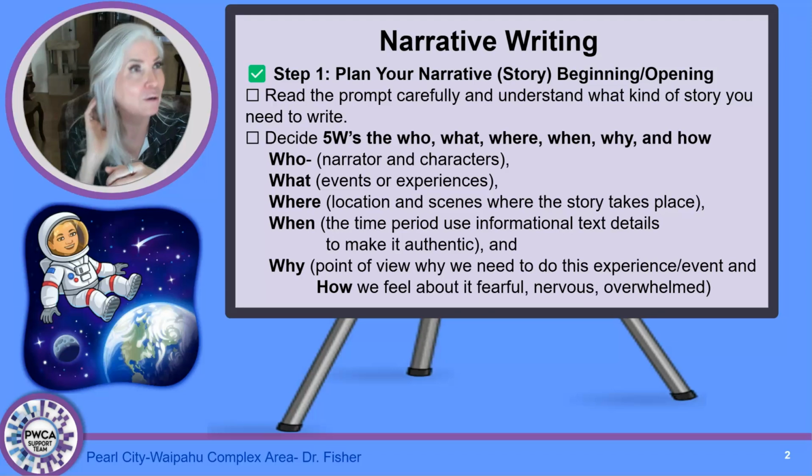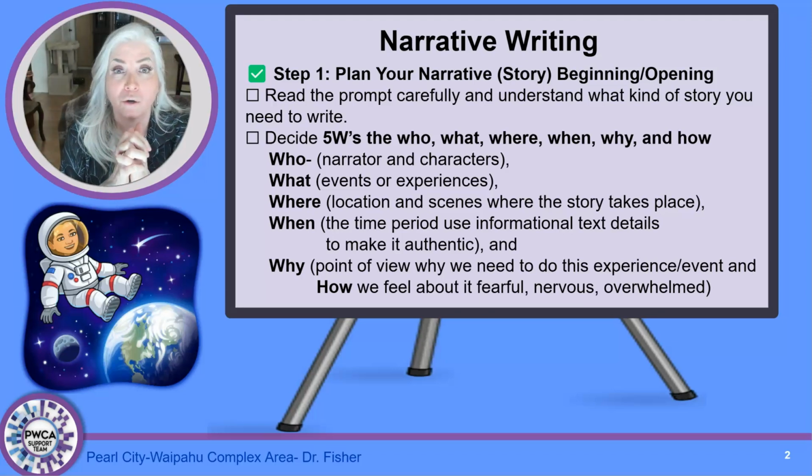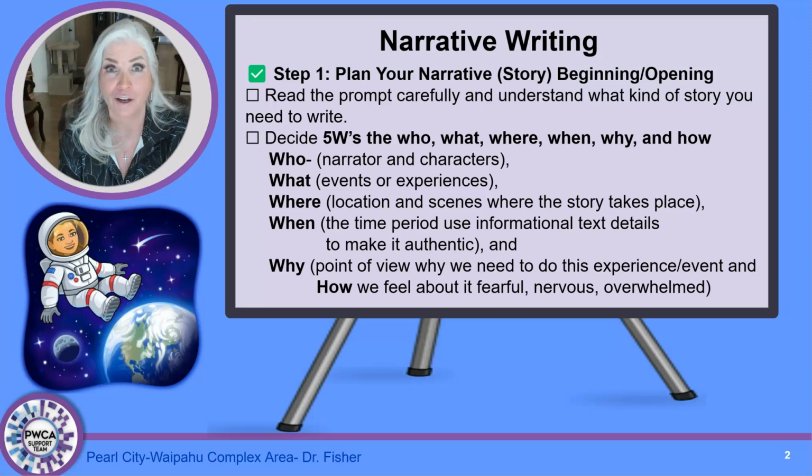When you're thinking about a story that your teacher has read to you or that you have read yourself, you know that the story is going to be about something, someone, and take place somewhere.